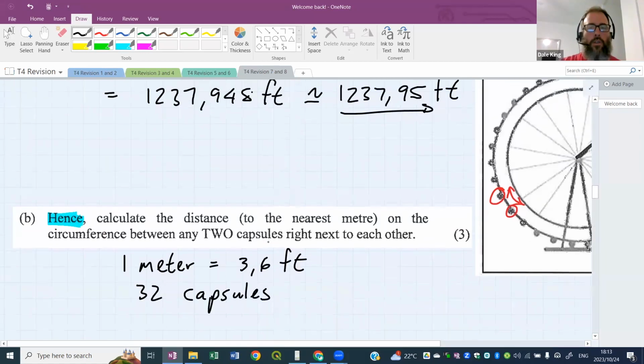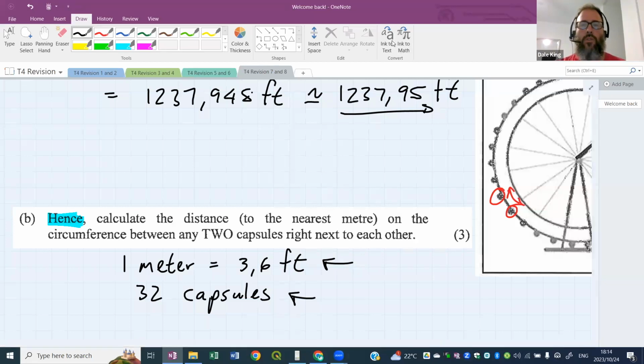And here's the previous answer, 1,237.95 feet. I've given you a conversion, and I've told you there are 32 capsules. They want to know the distance between two capsules that are next to each other on the circumference.